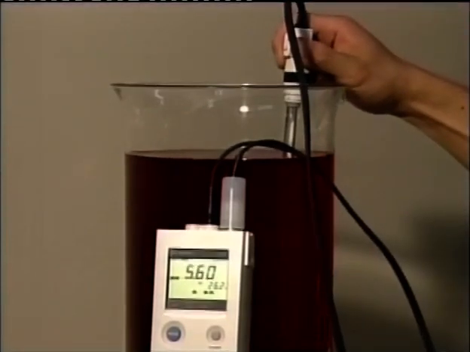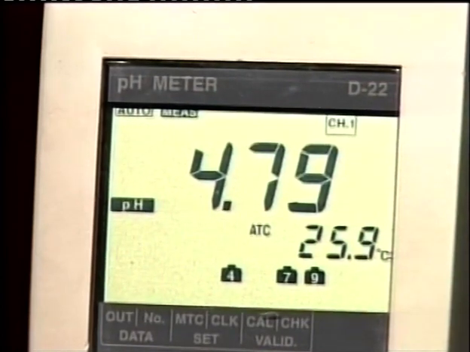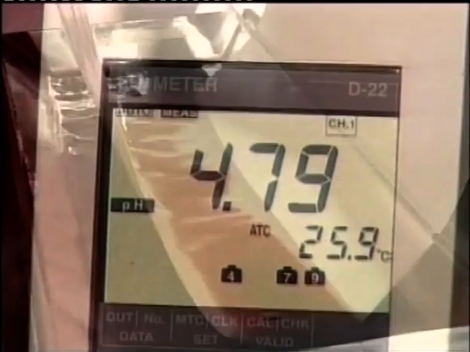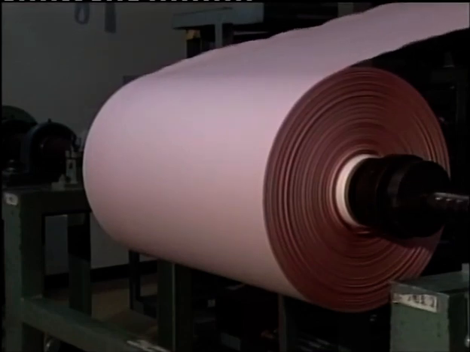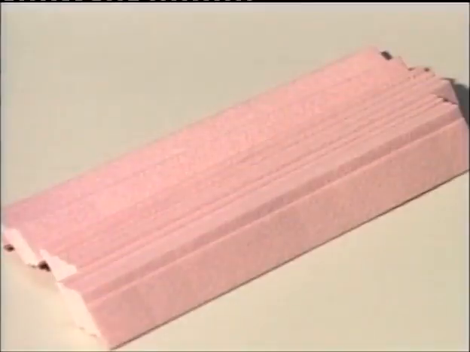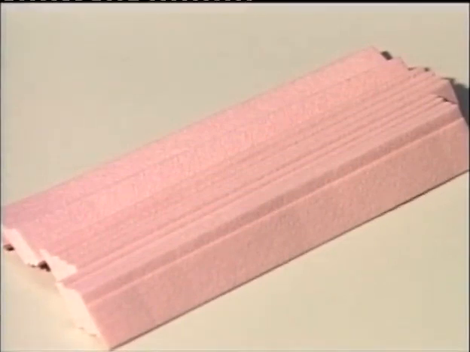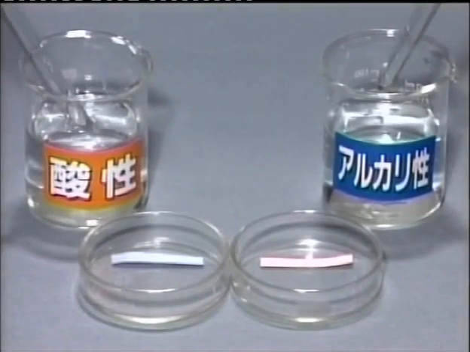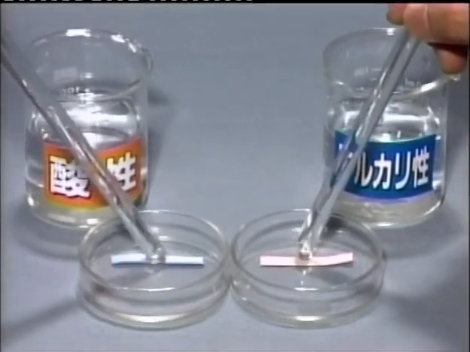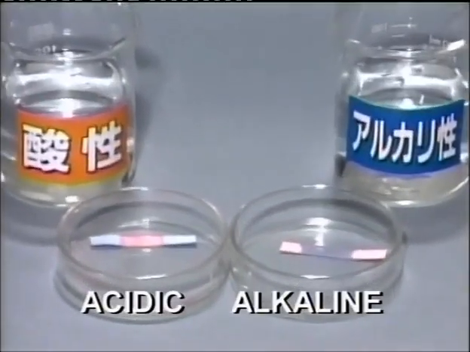The value on the pH meter shows 4.79. It is acidic. We will have a roll of paper absorb this red solution and dry it. Now red litmus paper is ready. Litmus paper that you use at school is made in this way.